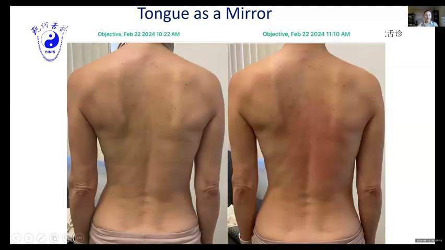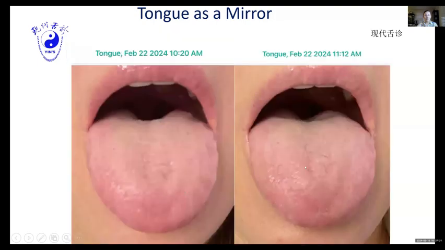This is February 22nd, 10:22. And this is the same day, 11:10. This is right before the treatment, right after the treatment. And you see her tongue got even straighter, right? And then the second time, it's a little bit straighter, more change.